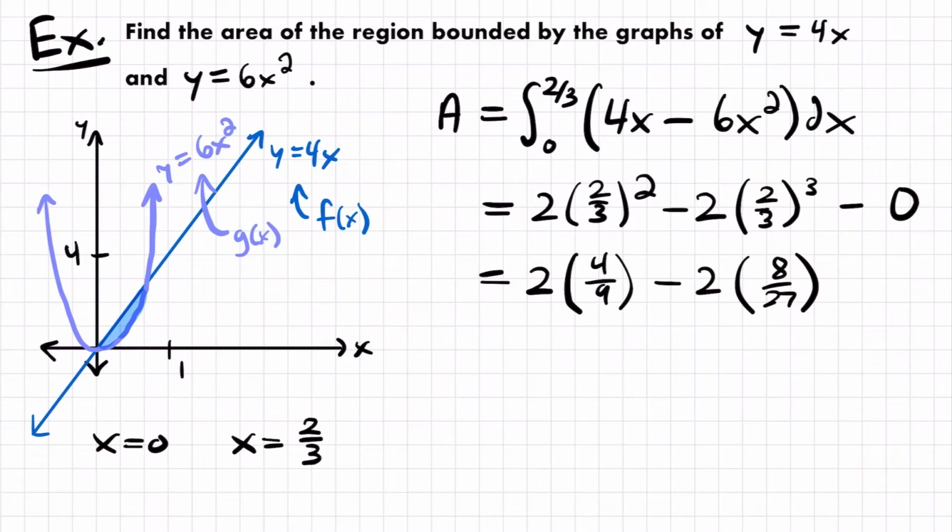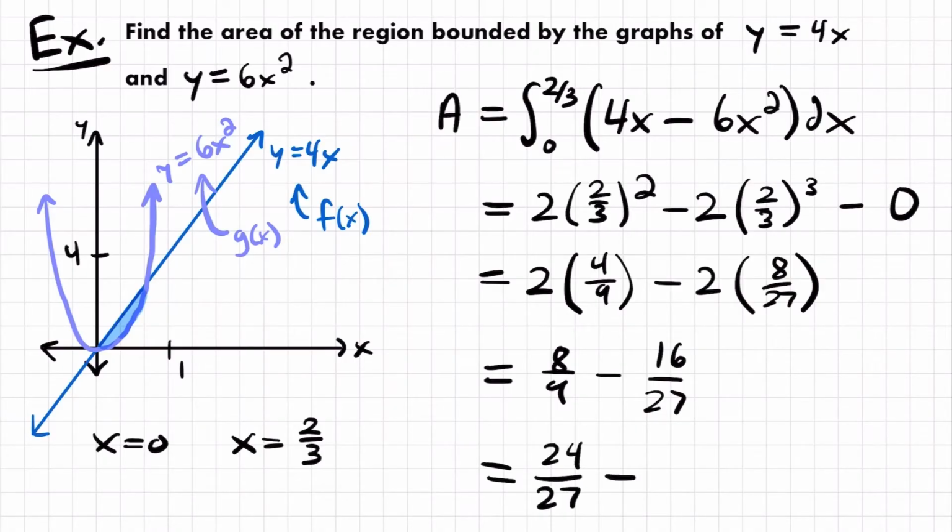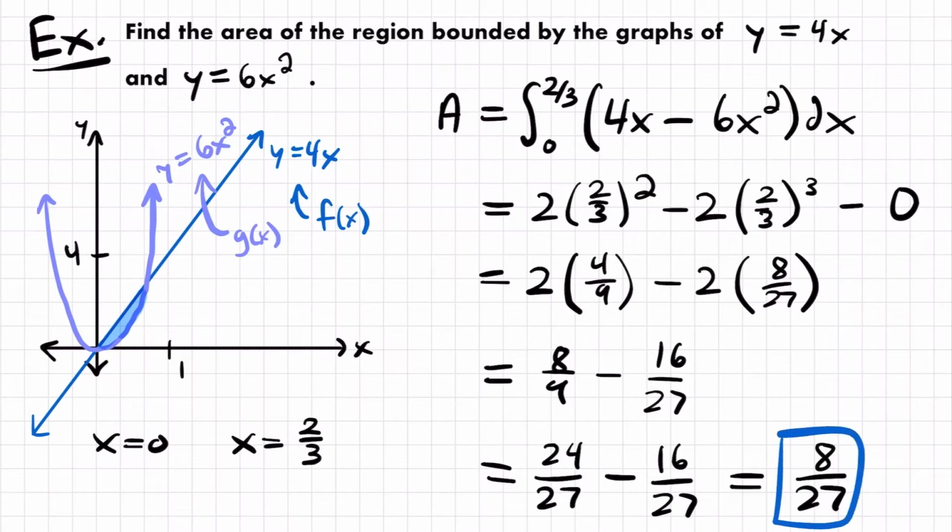All right, and so then we'll have that this is equal to 8/9 minus 16/27, and if we multiply 8/9 by a form of 1 of 3 divided by 3, then we'll have that this is equal to 24/27, and then we'll be subtracting 16/27, and that will be equal to 8/27. All right, and so 8/27 is the area of this region between these two curves.